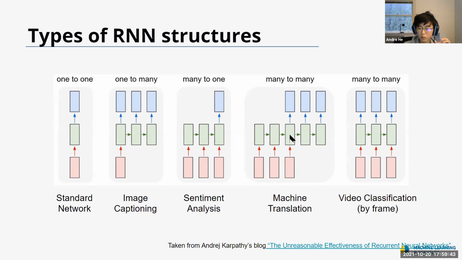And then after this encoding, it starts spitting out output at every time step. So this is what's called an encoder-decoder structure, but we won't go into this too much in this class because our concern is mostly with classification tasks.